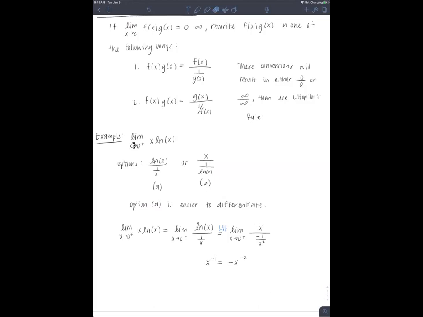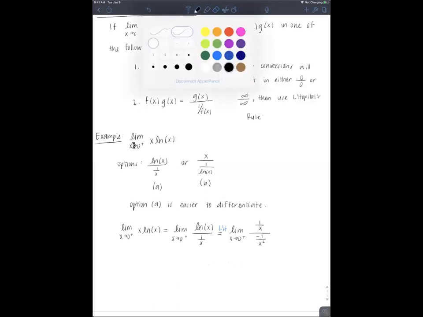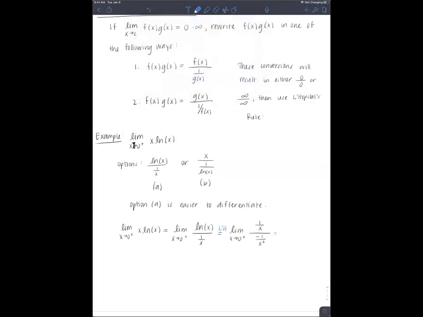And so here, when I try plugging in 0 now, I get 1 over 0 over negative 1 over 0 squared. So what am I getting here when I try and plug this in? I think you're technically getting infinity over infinity. But either way, you're still getting something that's not nice to work with, right?